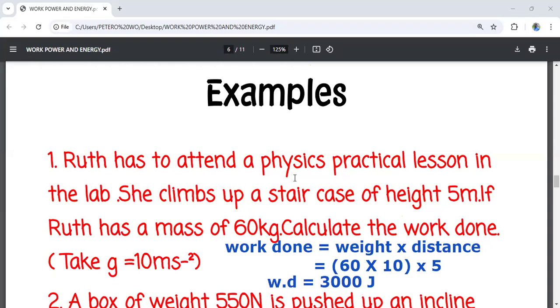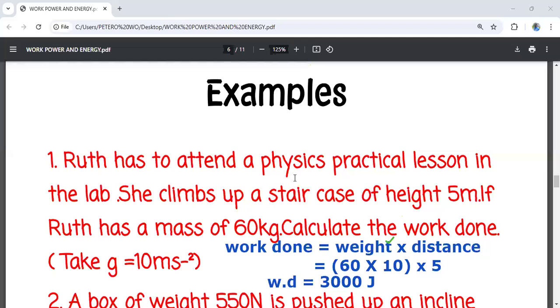We have said that for work to be done against gravity means that the body is moving vertically. Vertically means we are moving from the ground going upwards. They have given it to us as a height of a staircase in this question. For us to get that work done, remember in the definition, we are dealing with a force.